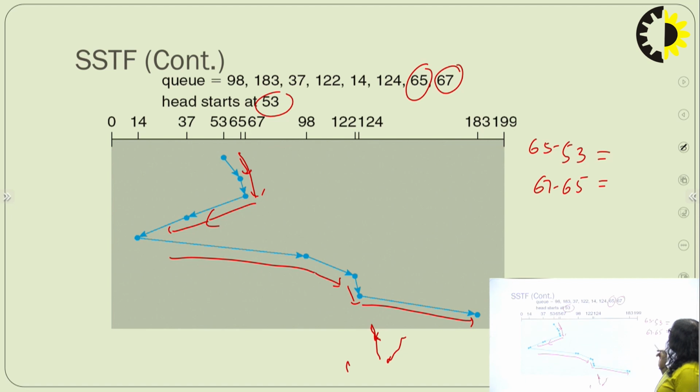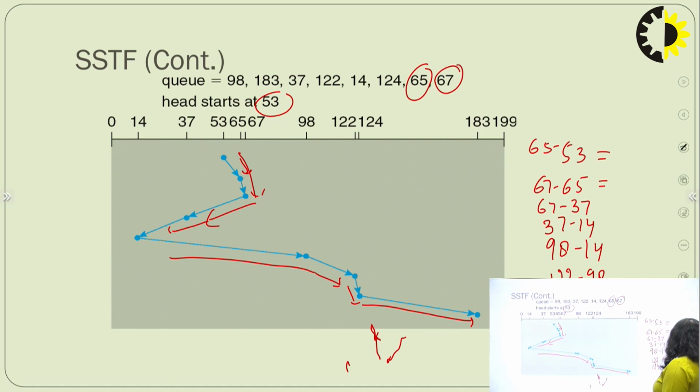So this is 67 minus 65. Then we move to 67 minus 37. Now 37 minus 14. Now 98 minus 14. Now 122 minus 98. Then 124. For each and every movement we subtract the other number.